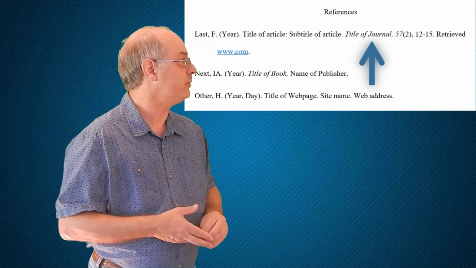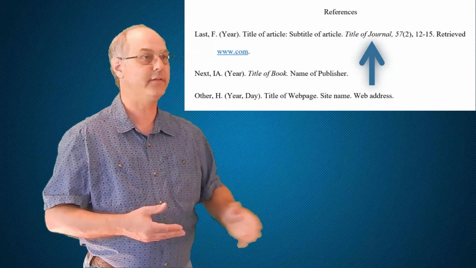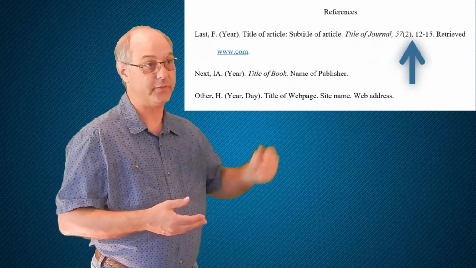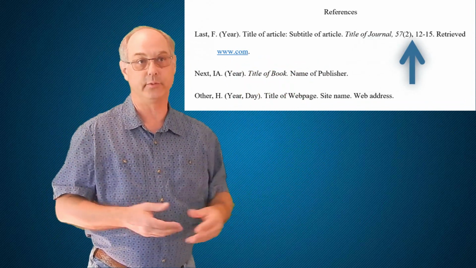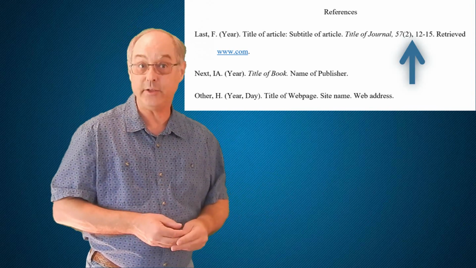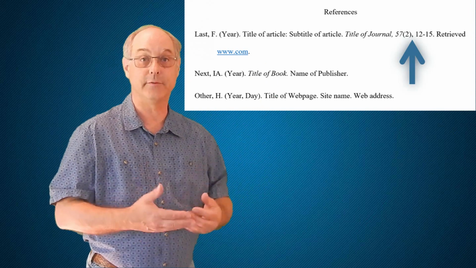If it's a journal or other periodical publication, then you have the title of the journal, followed by the specific publication information. This would be, for instance, the volume and issue number and the page numbers of the particular item that you are referencing.